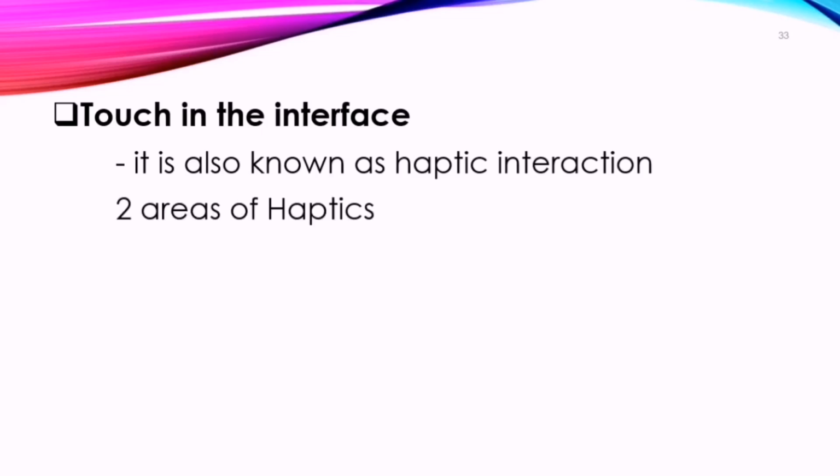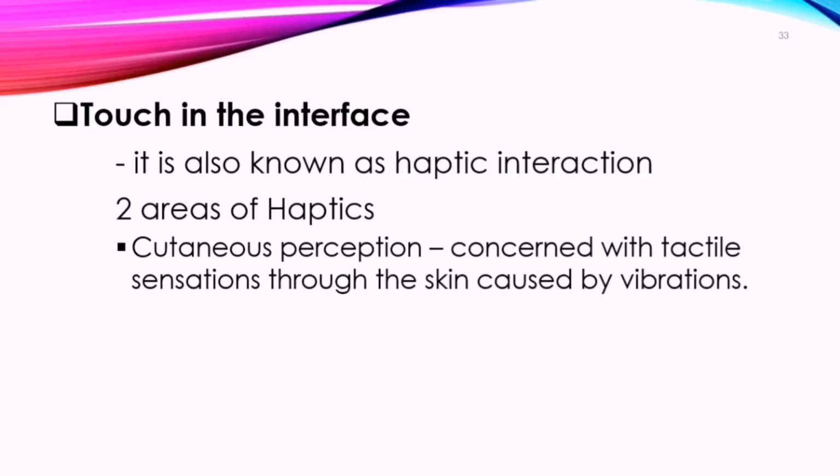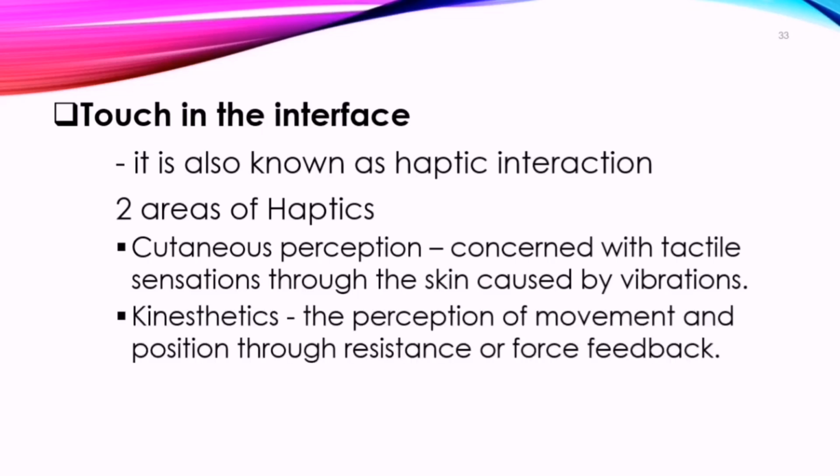It is divided into two areas. The first area is the cutaneous perception, which is concerned with the tactile sensations through skin caused by vibrations. The second area is kinesthetics, which is the perception of movement and position through resistance or force feedback.